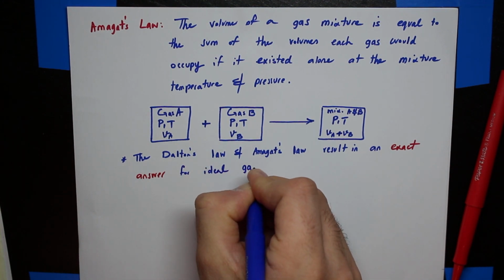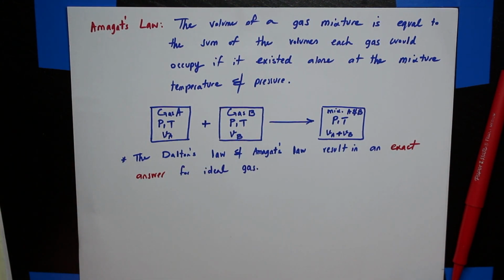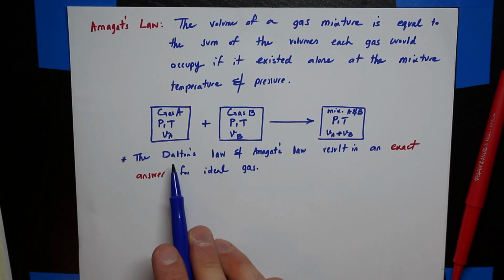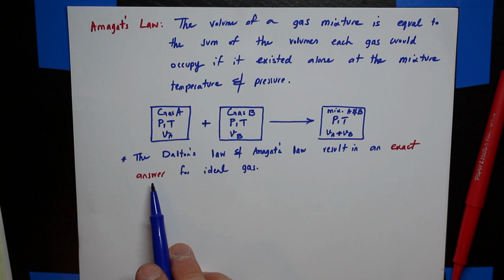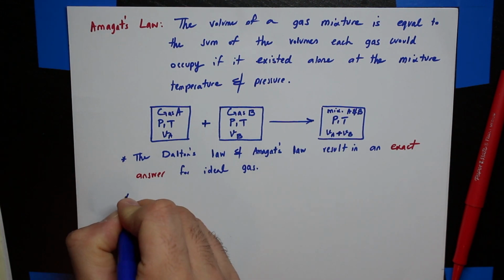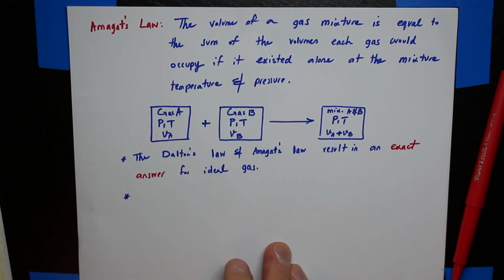So if our components are already behaving ideally, and we apply either of these two laws on the mixture, then the answer, whatever pressure or volume we are looking for, is the exact answer. There is no approximation. However, things are different when it comes to real gases.